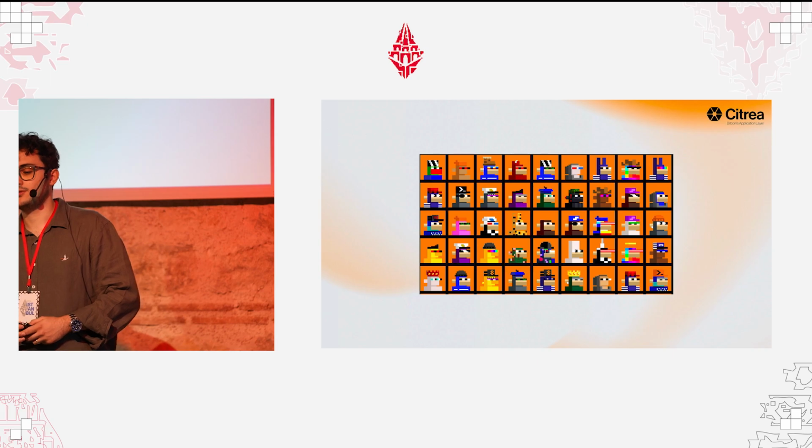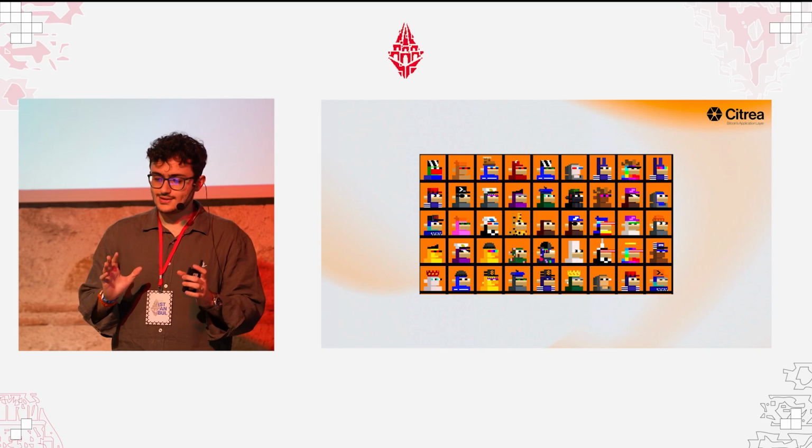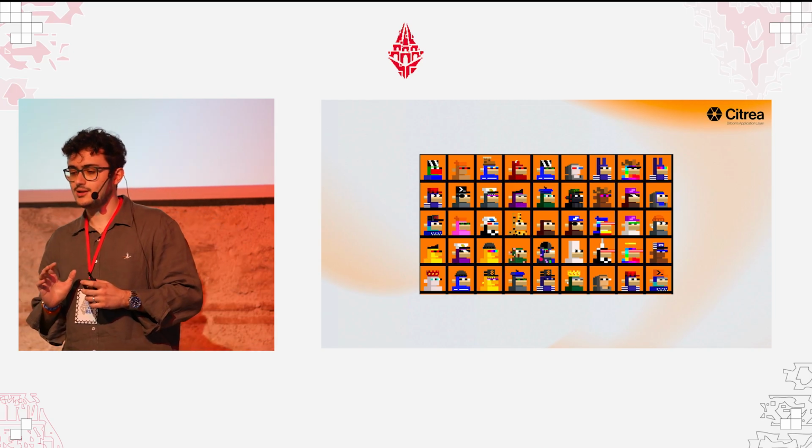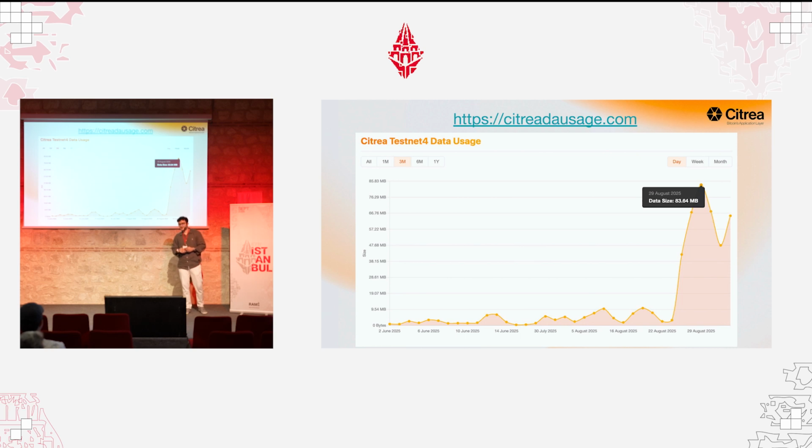At the time, we were working on another project regarding Ordinals, and we realized, with almost all this data availability, we could maybe build a rollup. So that's how I ended up here. So if you want to see how much data we are using, this is citrea.usage.com. We show how much data we posted to Bitcoin testnet 4 from Citrea testnet.